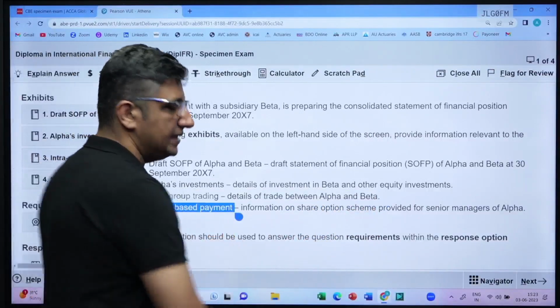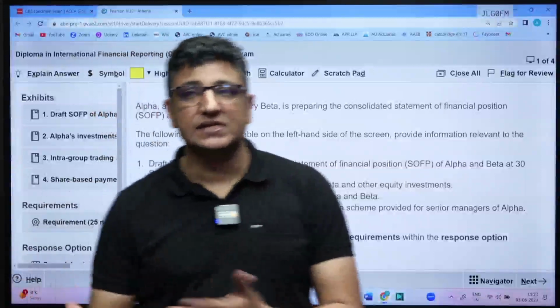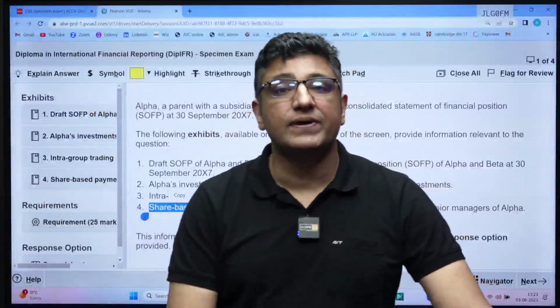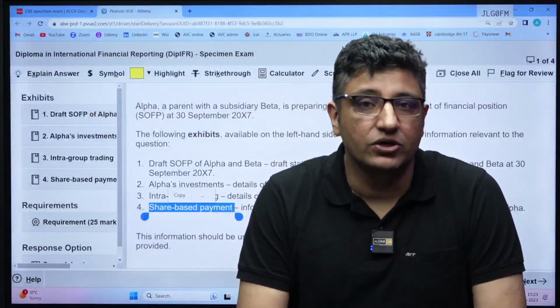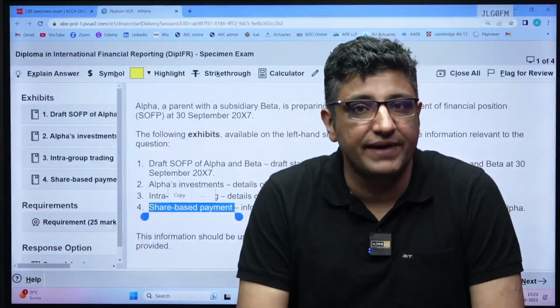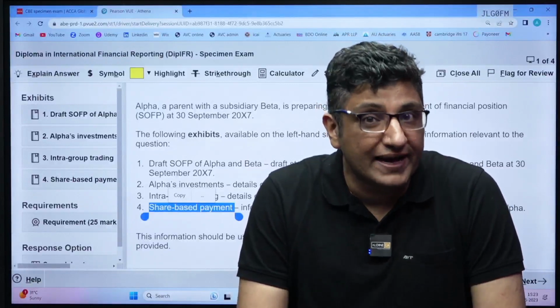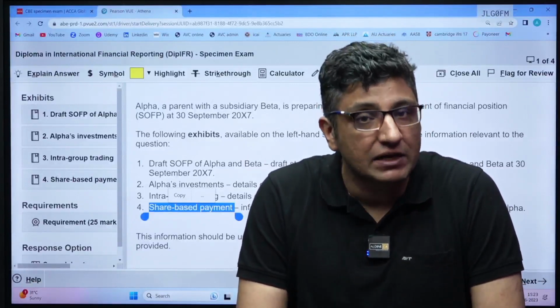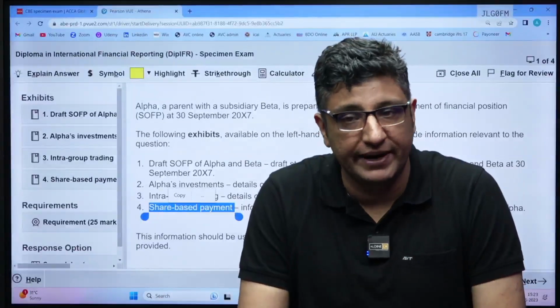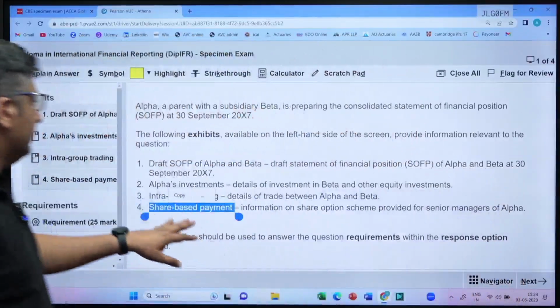Just a reminder, as we discussed while we go through the course, that your first question, even though necessarily a group accounting question from the consolidated financial statements, you do expect some transactions or some adjustments which might be coming from some other topics as well, right? Like in this example, we have share-based payments.